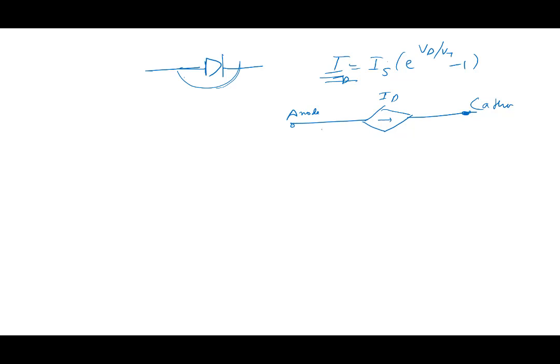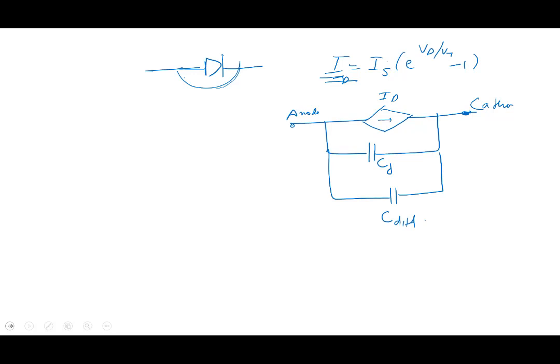So what we need to do is add one capacitance, which we sometimes call the junction capacitance, and add another capacitance here, which we can call the diffusion capacitance. Two capacitances we need to add.